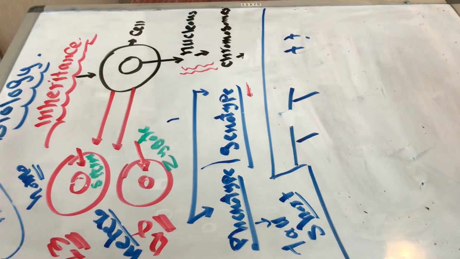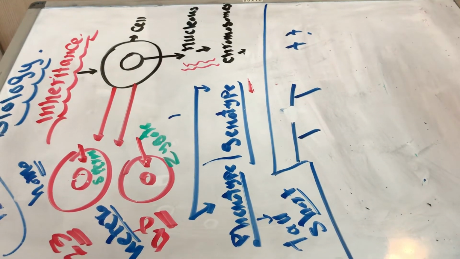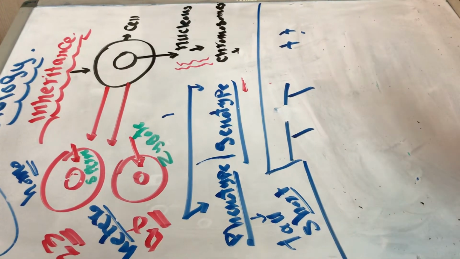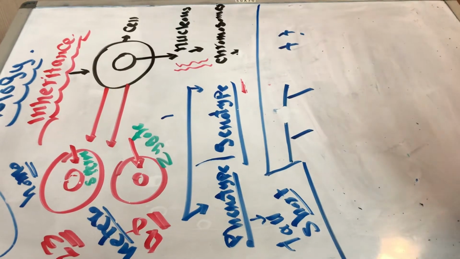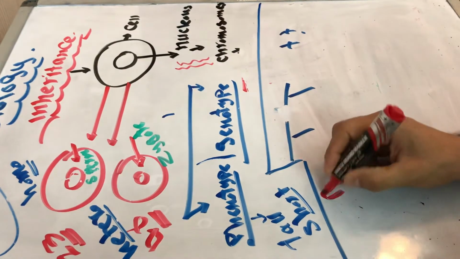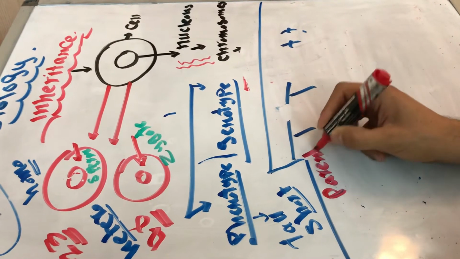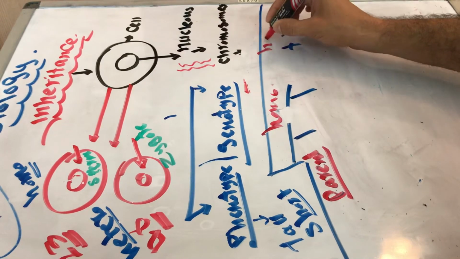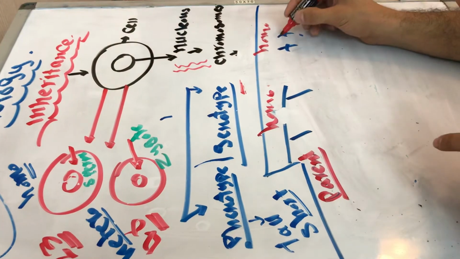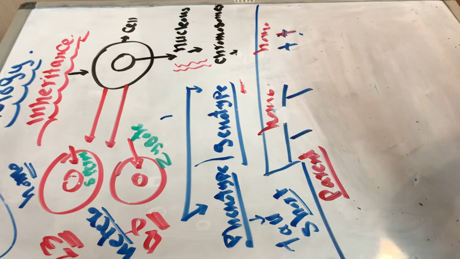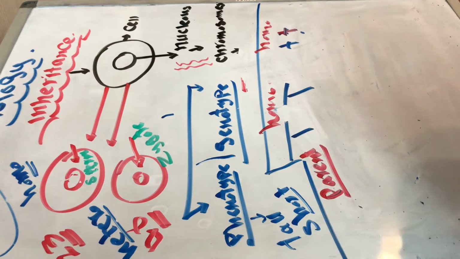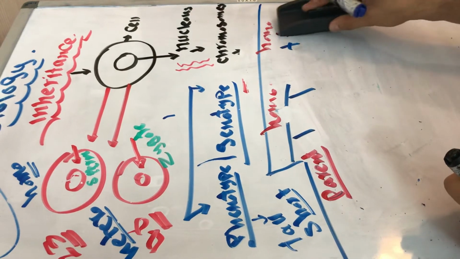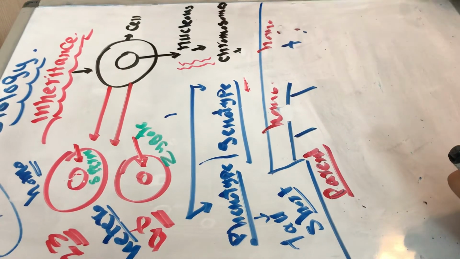To understand this point about inheritance, this parent is homozygous, and this is homozygous. Homozygous means having identical alleles. So follow me.